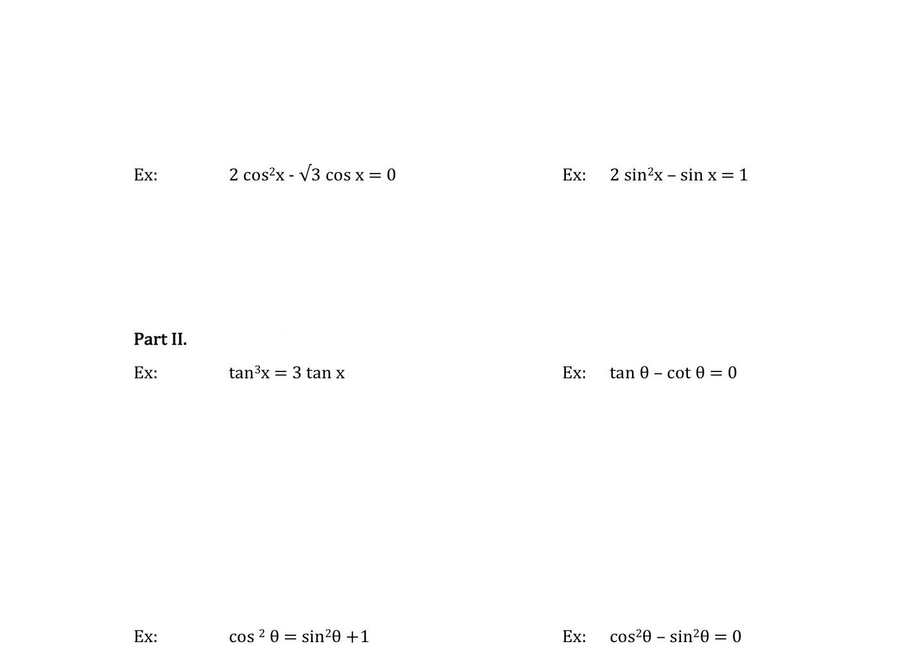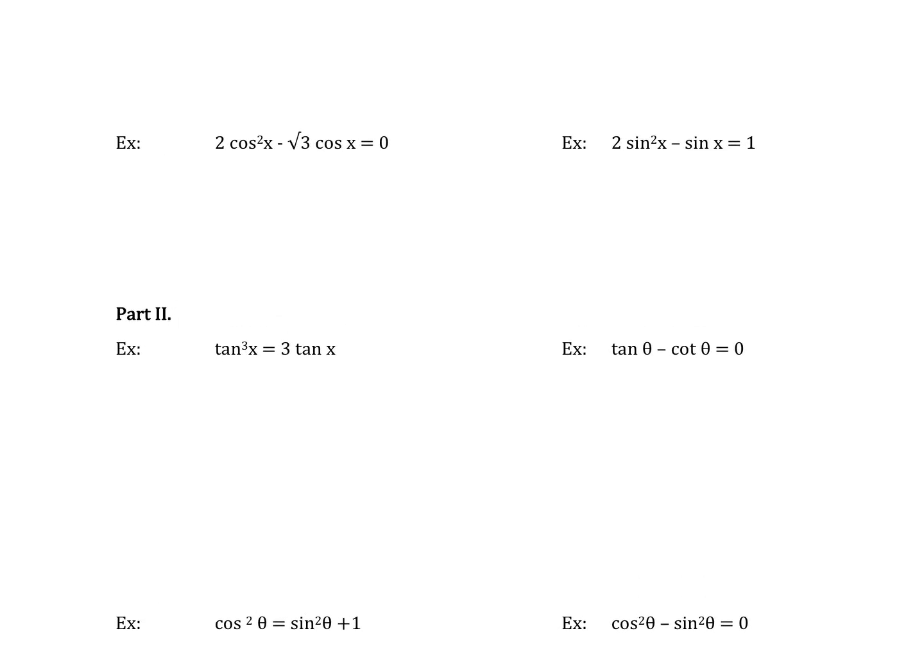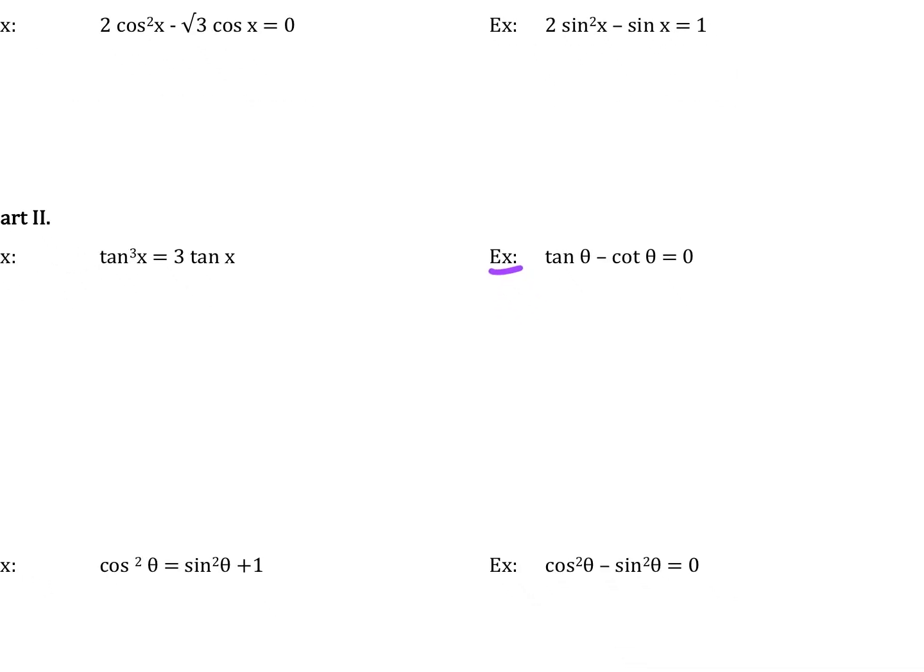There's some GCF stuff going on. This one is kind of a logical thinking type problem. Think about what this is saying. This is saying that the tangent, which we know is y over x, has to be equal to the cotangent, which is x over y.